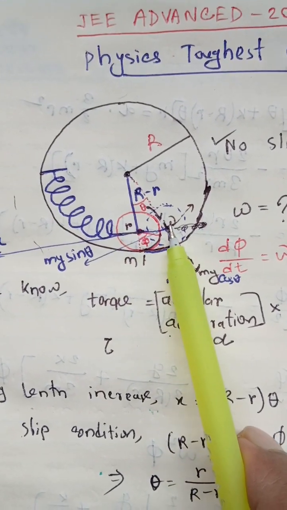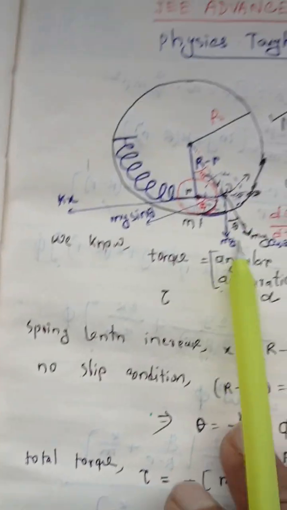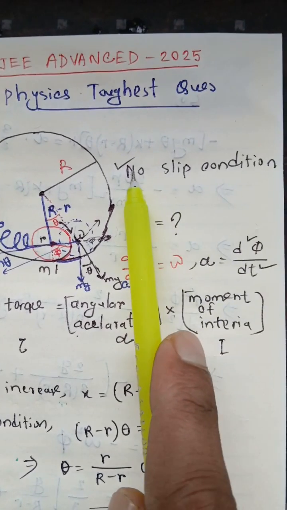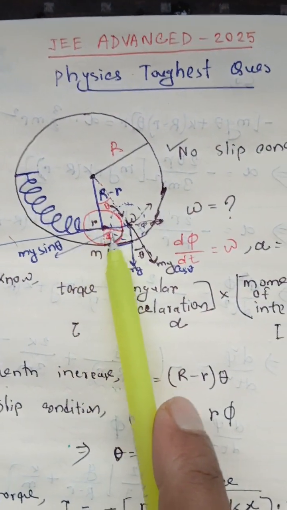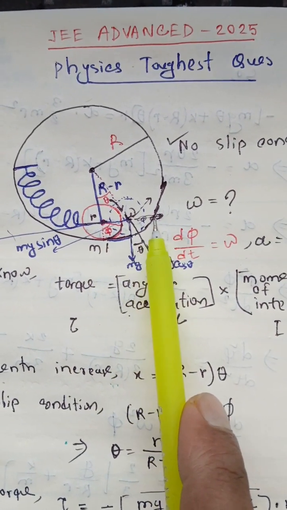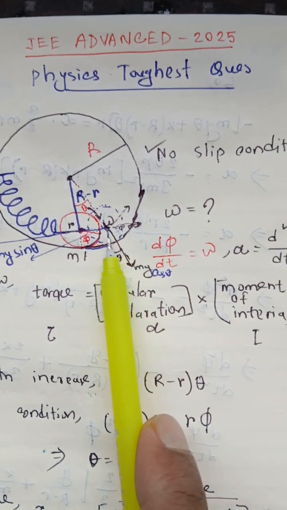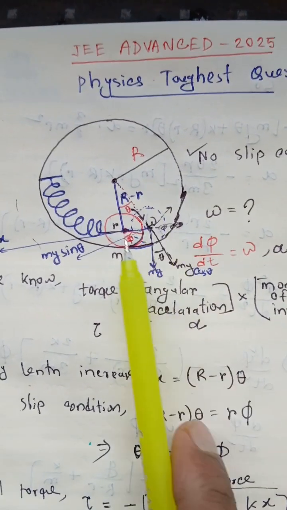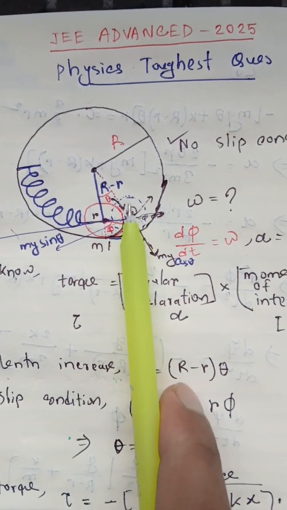So we find this, and we have to consider the no slip condition. This means the disc always stays attached to the inner surface of the big ring and does not bounce back.